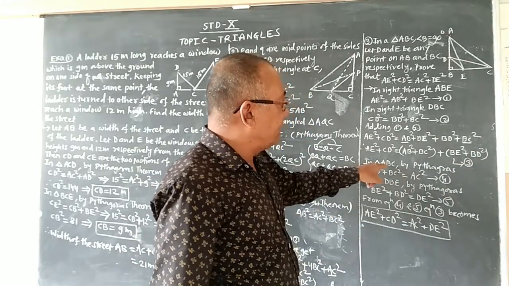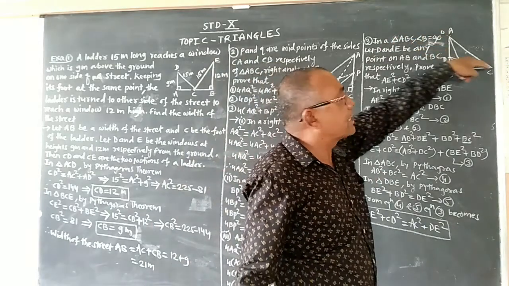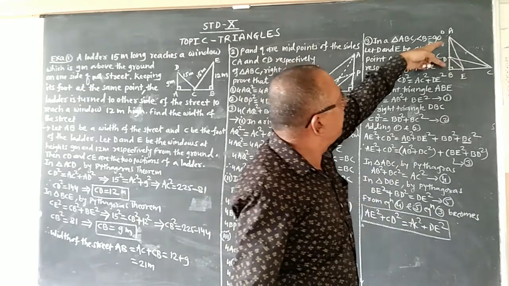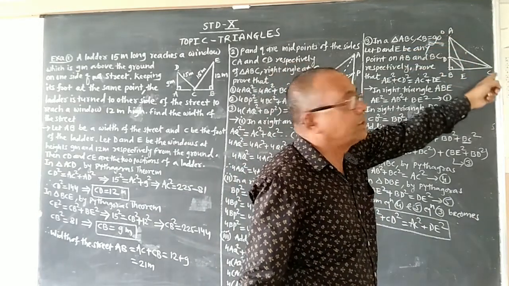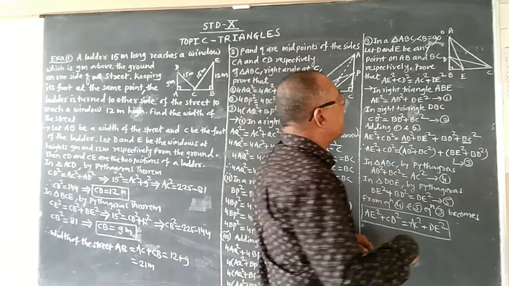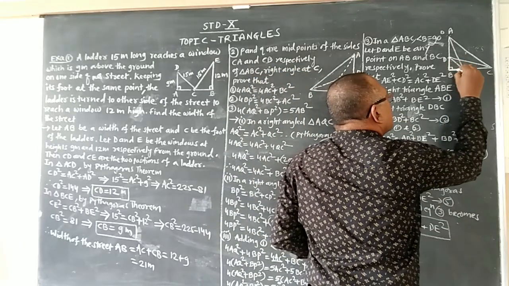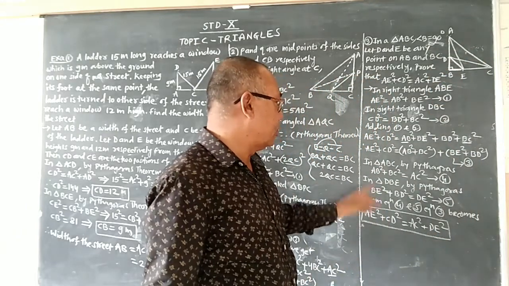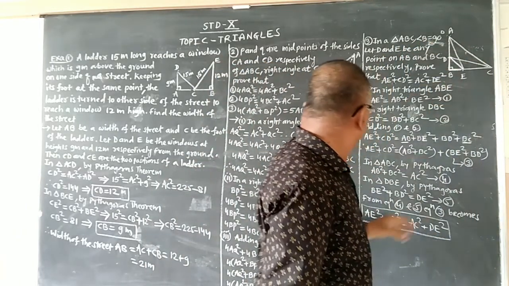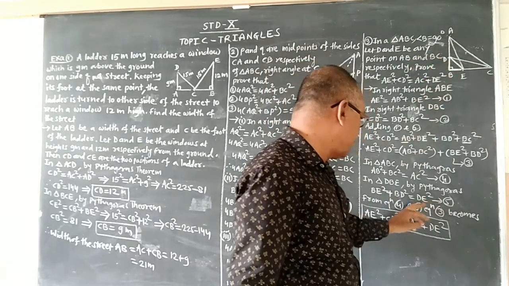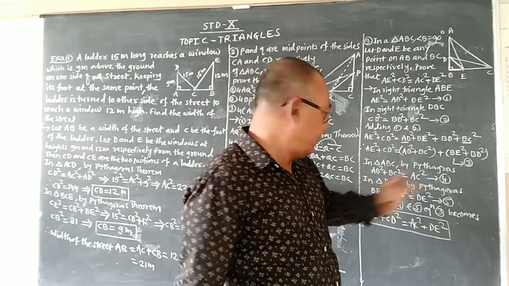Now in a triangle ABC, here our original triangle ABC, by Pythagoras theorem we will get AB square plus BC square is equal to AC square. And in a triangle DBE, that is the smaller triangle DBE, again by applying Pythagoras theorem we get here BE square plus BD square is equal to DE square. So that is equation number 5.